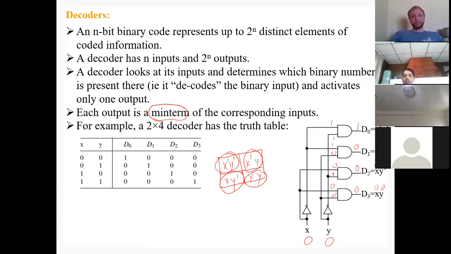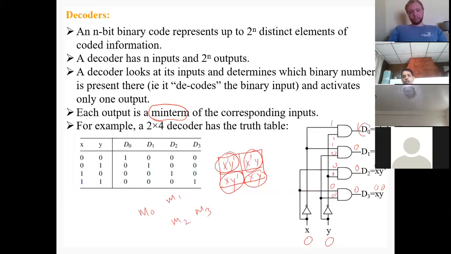How cool is that? It's not difficult to memorize. Remember, for min terms, what do you label the min terms? What is the letter you use? M0, M1, M2, M3? That's what we exactly had.